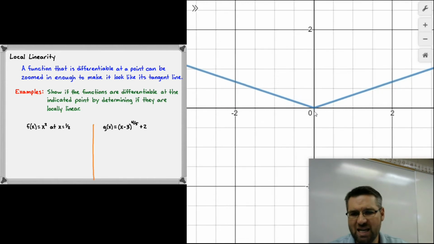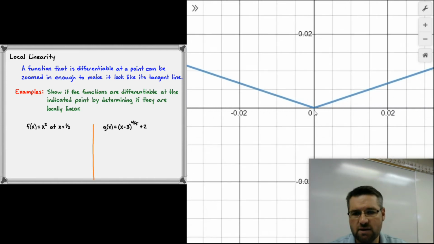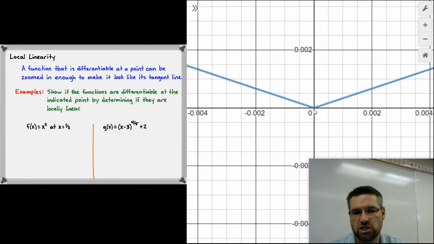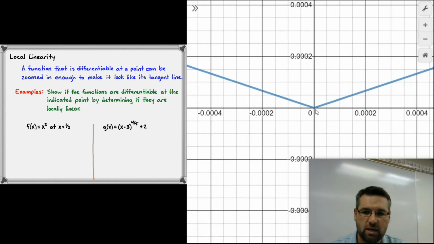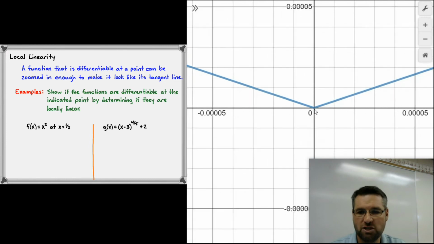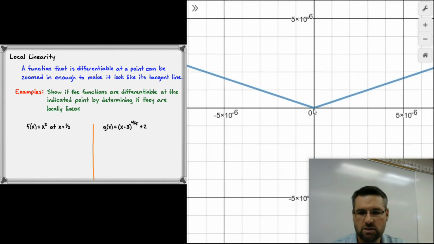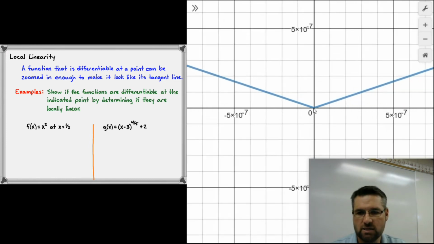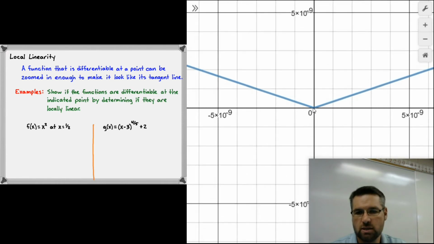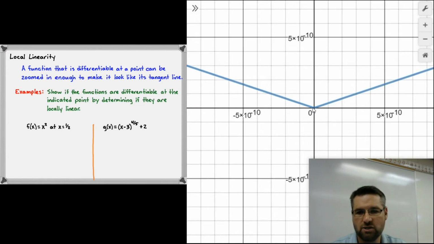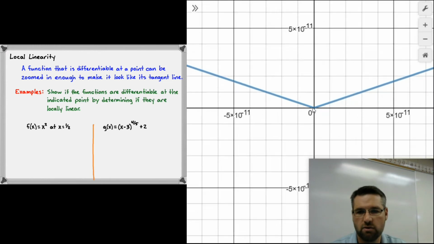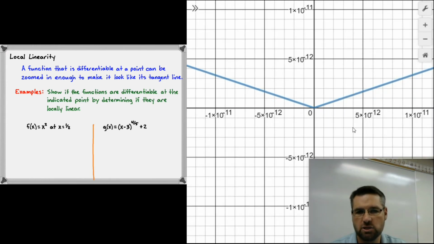But could we zoom in enough to see a line out of this? And you can see nothing's really changing. As I zoom in, zoom in, zoom in, nothing is changing, right? And so we end up with something that is not locally linear at x equals 0 here. No matter how far I zoom in, and believe me, I'm going pretty far here, nothing's really changed.